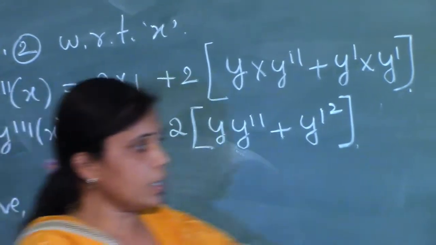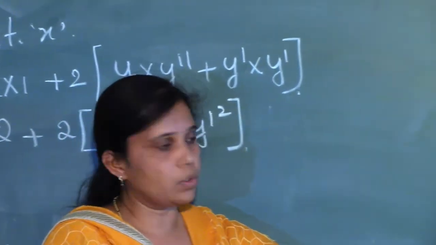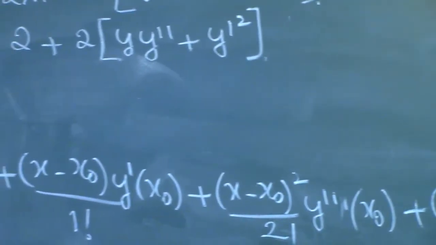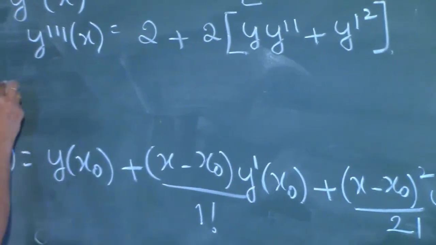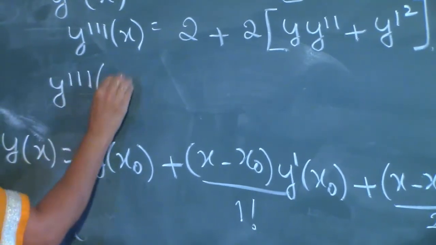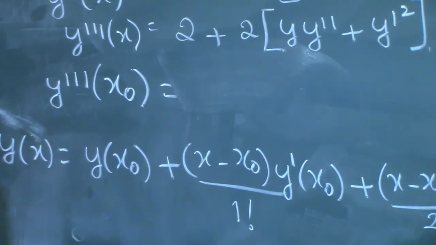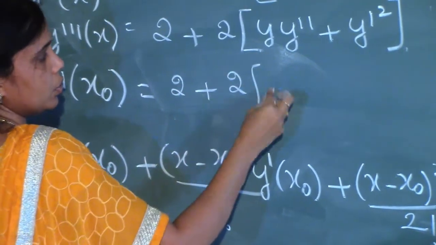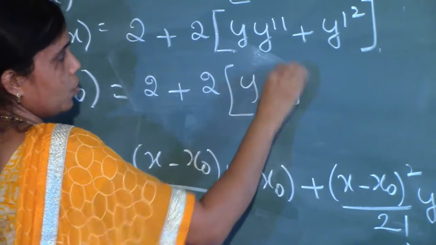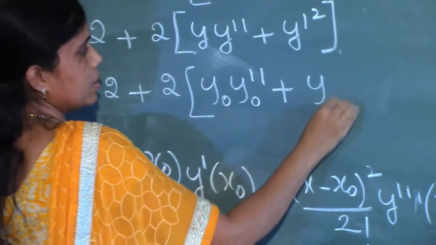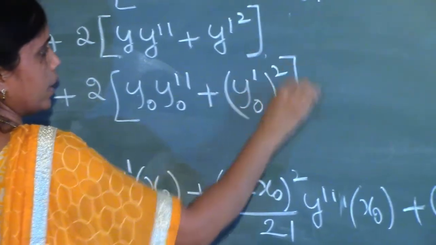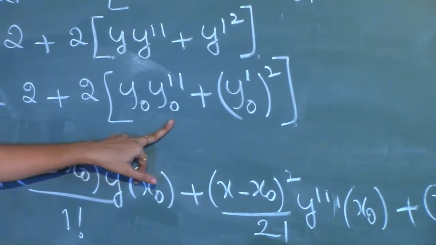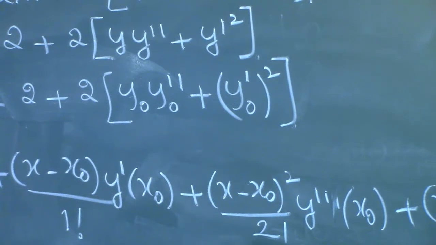This is y triple dash of x value. But actually we need y triple dash of x naught value. Here your x naught value is 0. So at x is equal to x naught, this equation will become y triple dash of x naught is equal to 2 plus 2 into y naught double dash plus y naught dash whole square. Now substitute the values of y naught double dash and y naught dash.